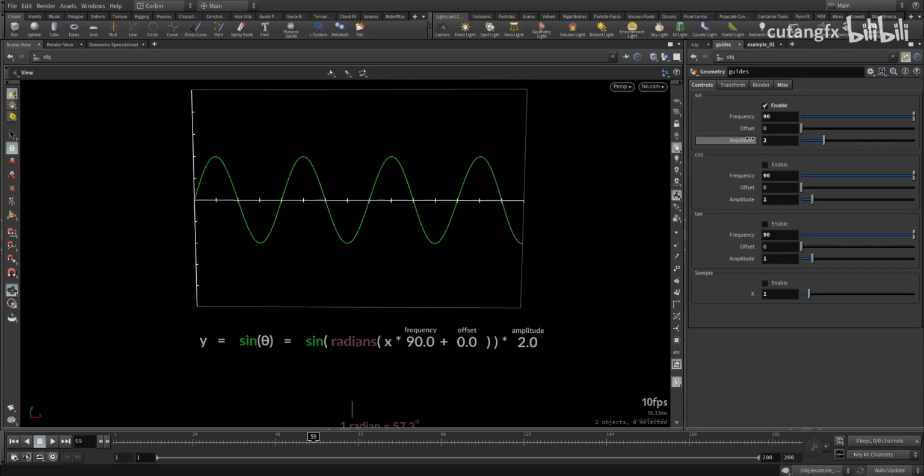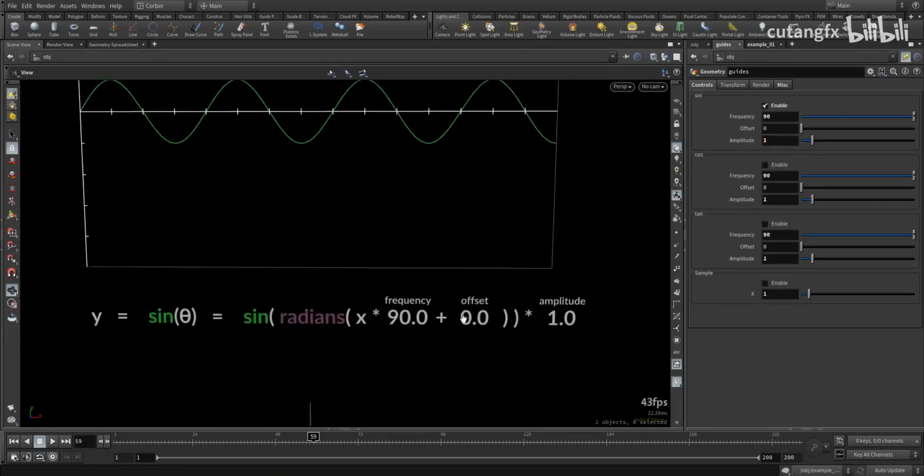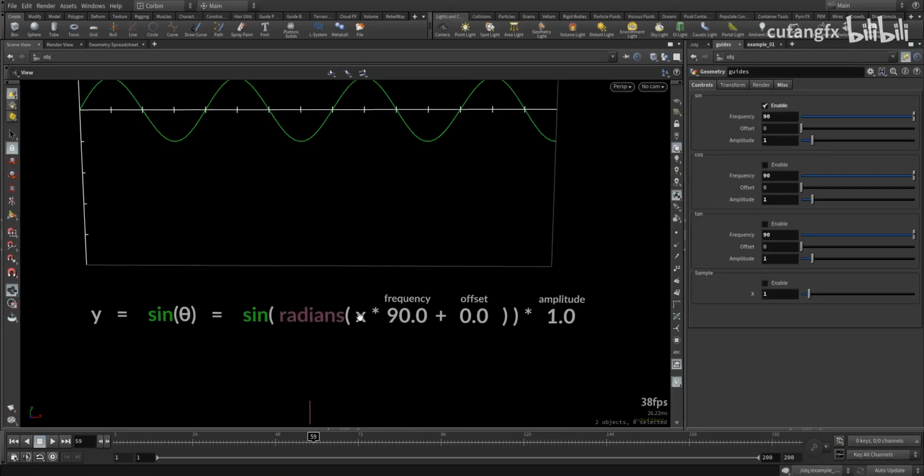So if we take the amplitude to 2, all it's doing is multiplying the result. That's where amplitude belongs, after the entire function has been run. Do not put your amplitude inside of this function, or your amplitude will be acting essentially like a frequency, multiplying the angle, not multiplying the actual result of the sine wave. So this is a really important function to remember.